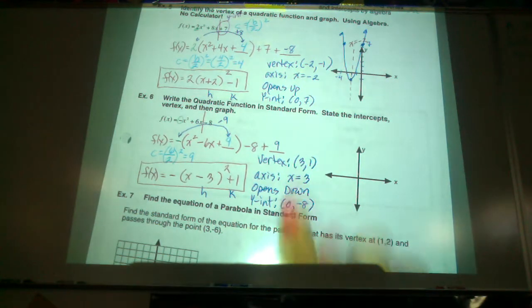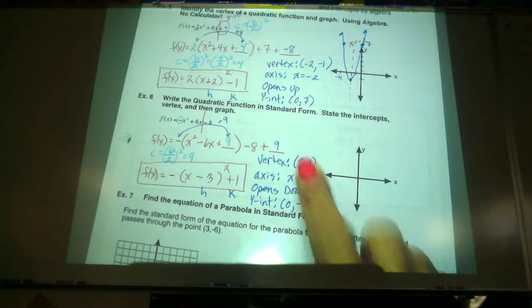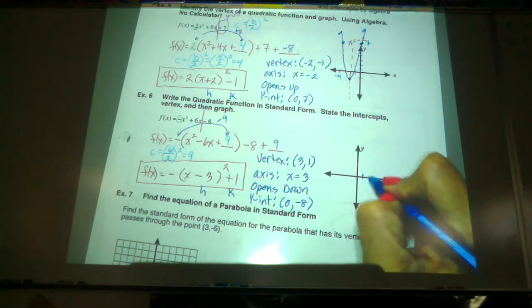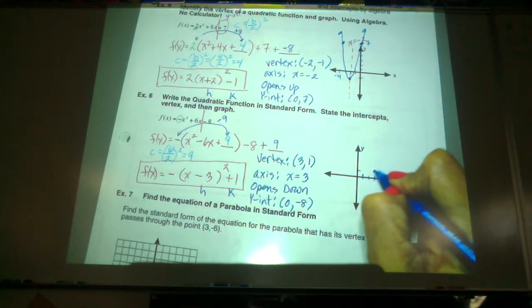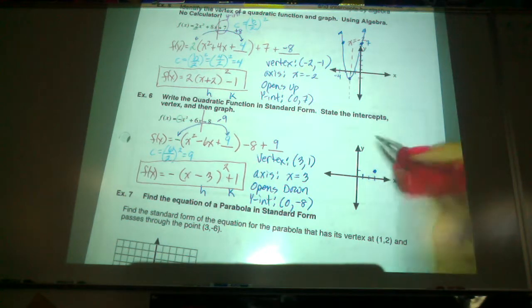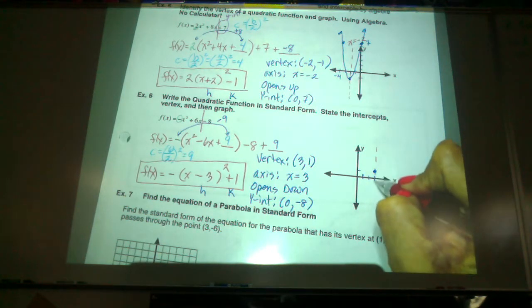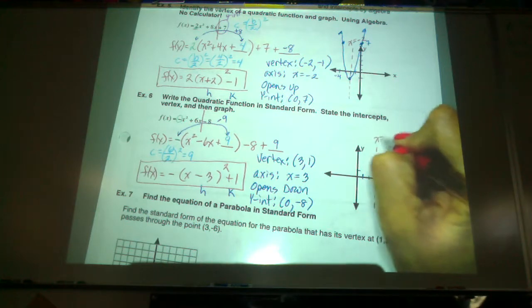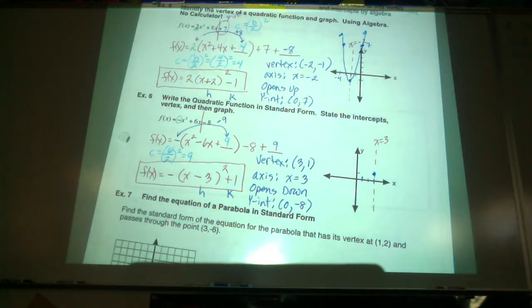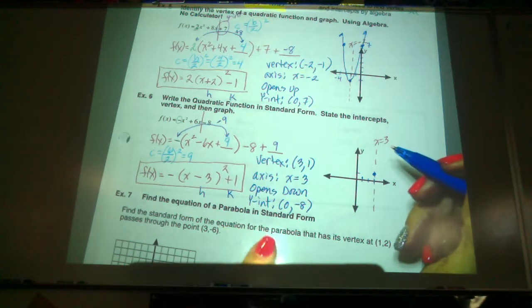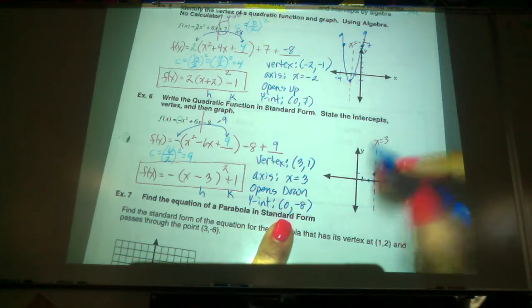Your axis is always the x value of the vertex, because when I plot that vertex, in this case 3, positive 1, your axis of symmetry is always a vertical line for these particular parabolas. This is x equals 3, because it goes through that vertex at its x value. And then I'm going to plot my y-intercept of -8.